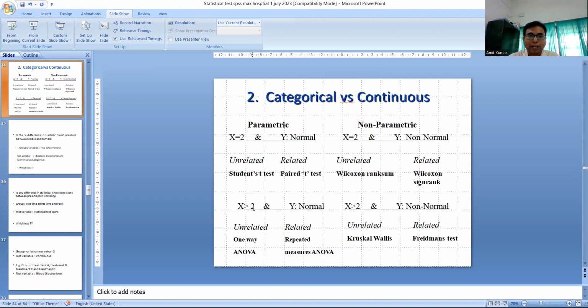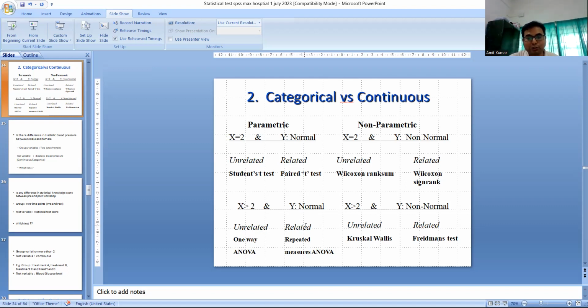If the groups are more than 2 and your test variable is continuous and normal in nature, like age or BMI or glucose, and the groups are unrelated to each other, like drugs A, B, C, D, then we will use one-way ANOVA analysis.